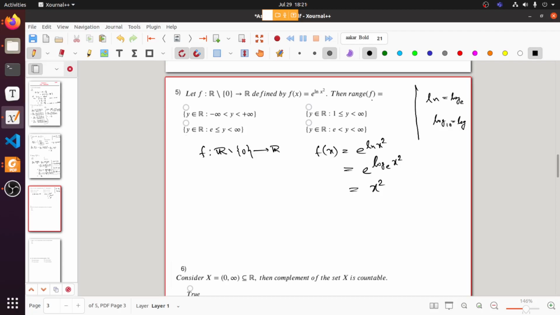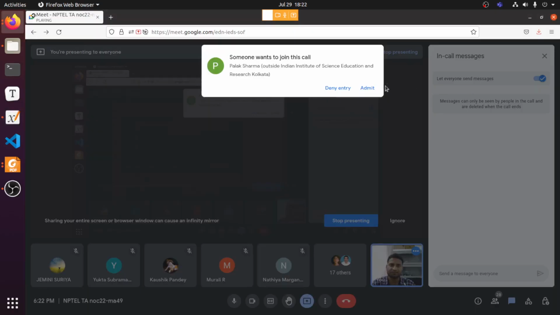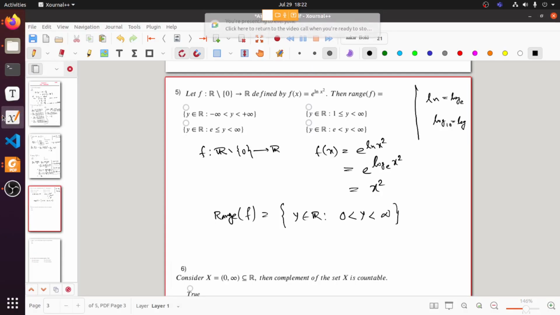So what will be the range of f? x square is always positive, so it's greater than or equal to 0, but as 0 is not in the domain, the range of f will be all y belonging to R such that y is strictly greater than 0.